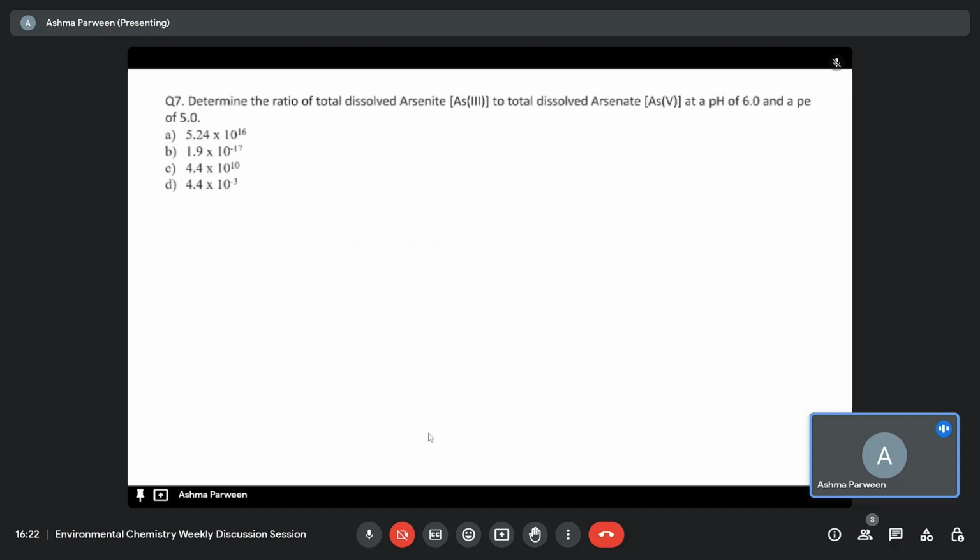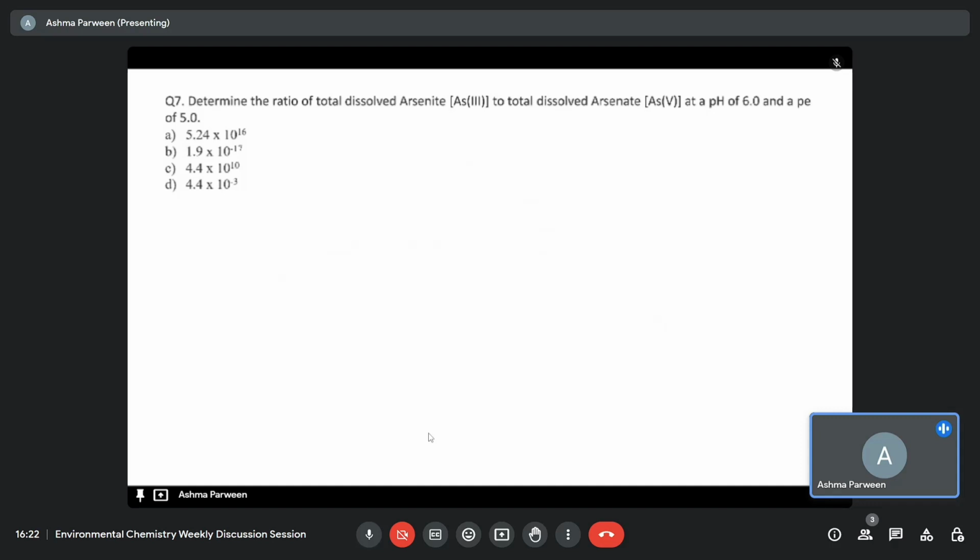So the question is, determine the ratio of total dissolved arsenite, that is the arsenic 3 form, to total dissolved arsenate at a pH of 6 and a PE of 5. So we have been given pH, we have been given the value of PE, and we have to find out the total dissolved concentration of arsenite to arsenate.